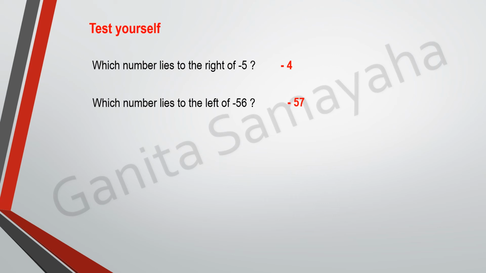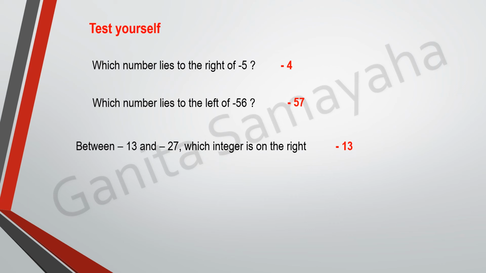Correct. It is -57. Very good. Next. Between -13 and -27, which integer is on the right? Is -13 right of -27, or is -27 to the right of -13? Yes, it is -13. Very good.